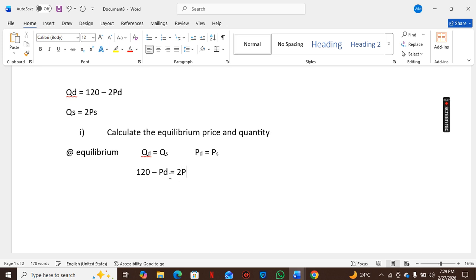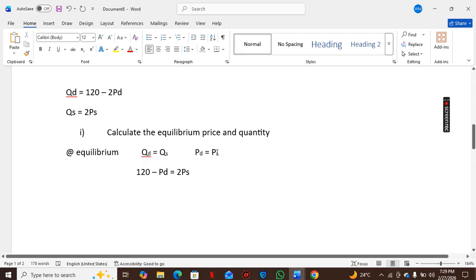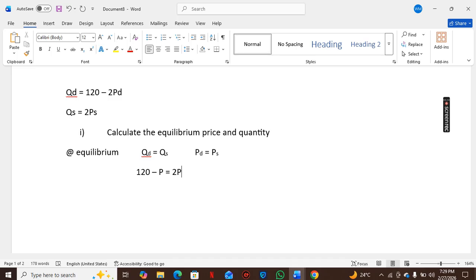So colleagues, remember, at equilibrium, PD equals PS, so we don't need to show that, we just write it as P, because the price that is paid for the good is equal to the money that is received for the good. Government is not getting any share of that money. Theoretically, it's just between the seller and the buyer. Government is not in the middle there. So we solve for equilibrium price.